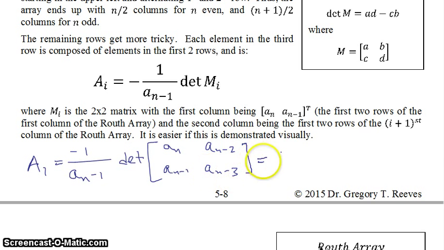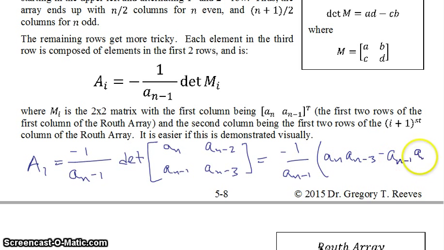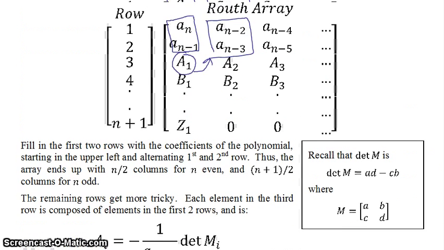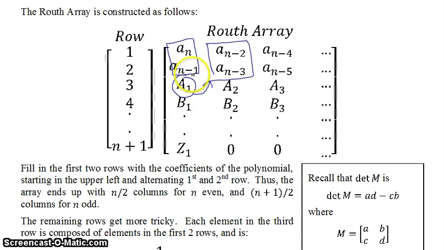All of that is minus 1 over a_(n-1), times a_n a_(n-3) minus a_(n-1) a_(n-2). And that is how you would calculate the value of this element, capital A_1, which goes in this position here in the Routh array.